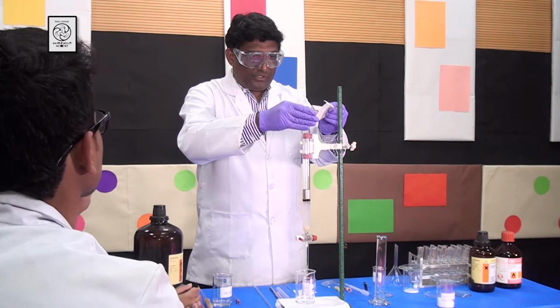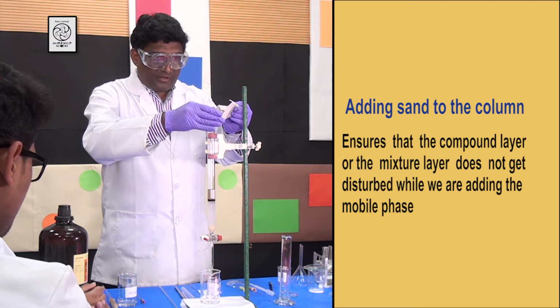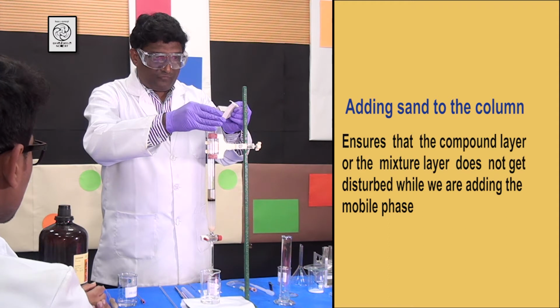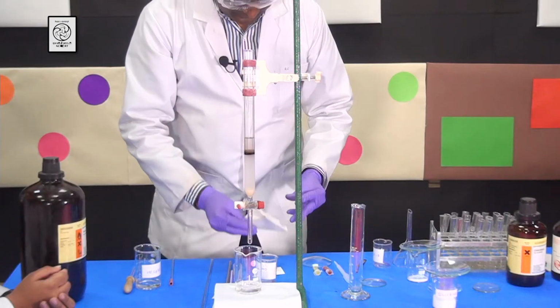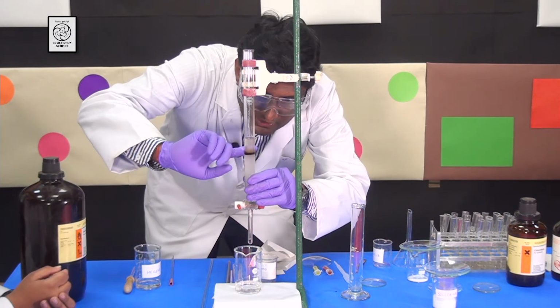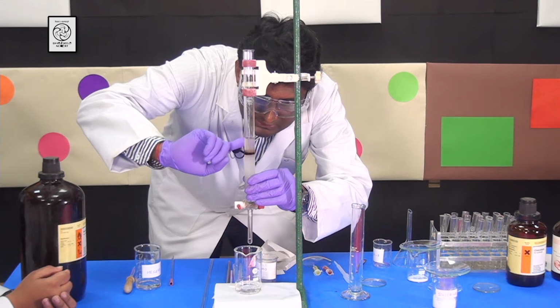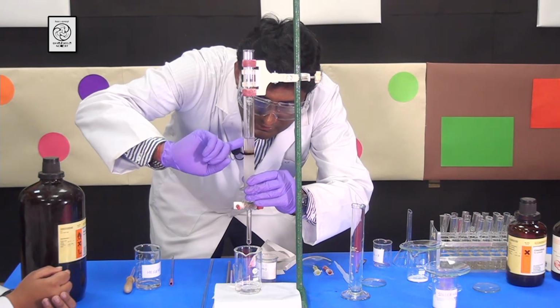Oh, we need to add the sand so that the compound layer, or the mixture layer, will not be disturbed while we are adding the mobile phase during the experiment. Okay, sir. So once you add the sand, you can tap it gently so that it forms a uniform layer on top of your mixture layer.